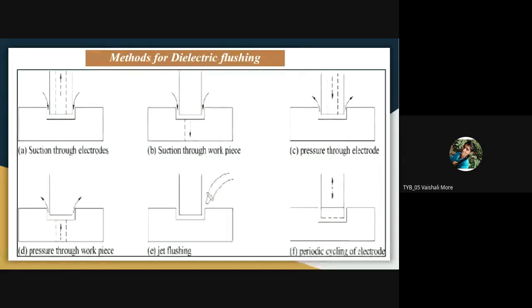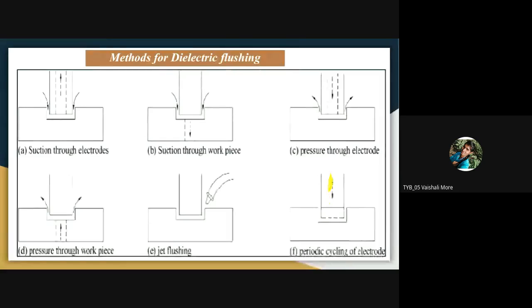Then the sixth one is the periodic cycle of the electrode. What do I mean by this periodic cycle of the electrode? Here you can vibrate your tool with ultrasonic vibration.